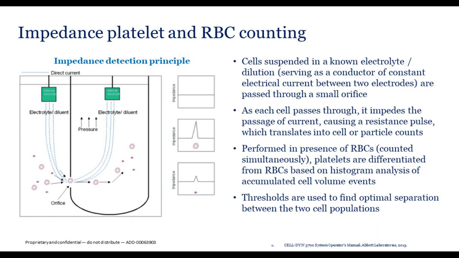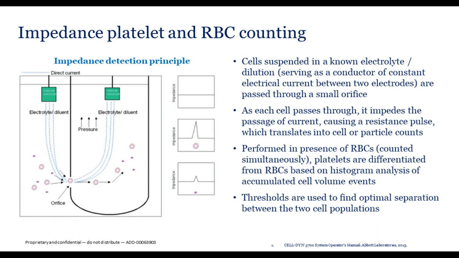Next is the impedance platelet count. Impedance platelet counting was first used as a semi-automated method and was subsequently used in automated cell counters pretty much from the middle of the 1970s forward. The principle of impedance counting is a passage of cells suspended in a known dilution through a small detection orifice called the aperture.